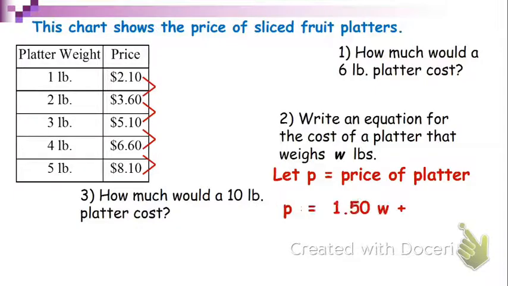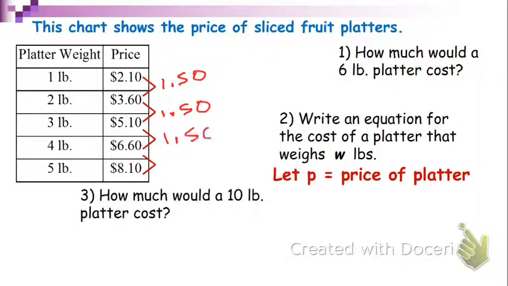If we subtract those, we get $1.50. If we figure out the difference between 5.10 and 3.60, we get $1.50 again. If we subtract 6.60 minus 5.10, we get $1.50. And between 8.10 and 6.60, we get another $1.50.